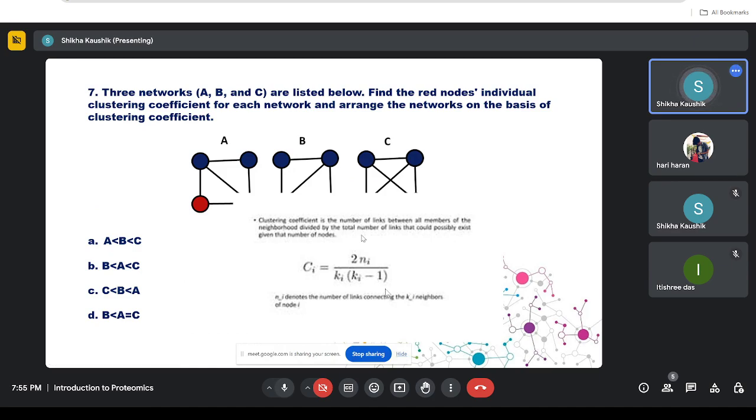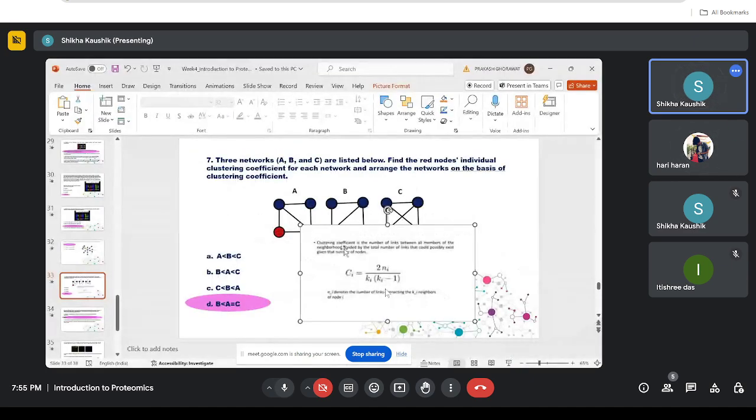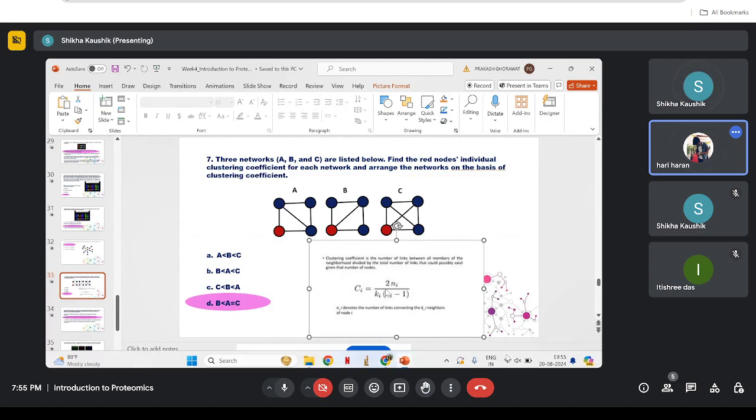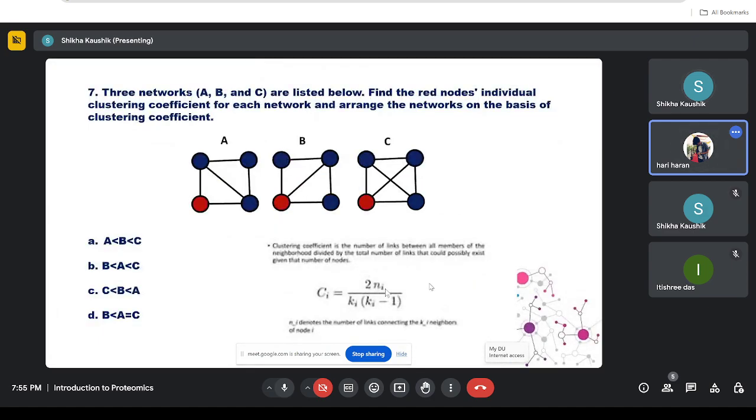So the clustering coefficient is the number of links between all the members of the neighborhood divided by the total number of links that could possibly exist given the number of nodes. So links are also inside this. Here, the degree, that means the k, is all the neighbors of this particular node.